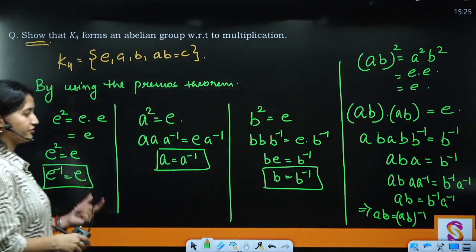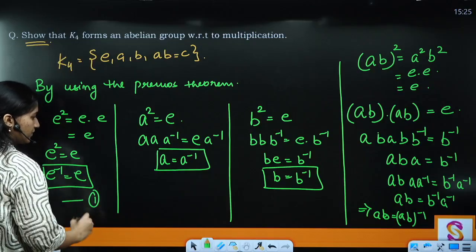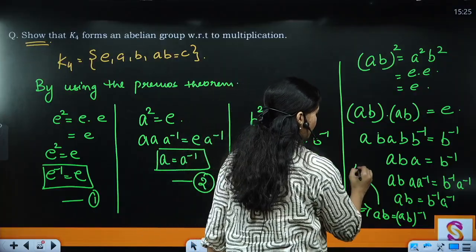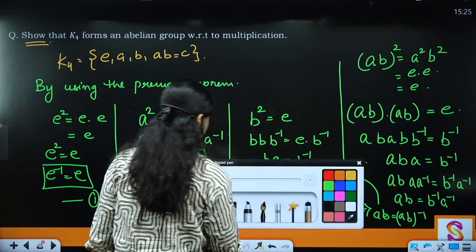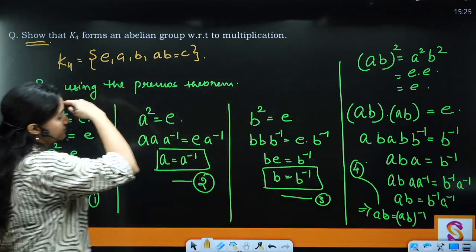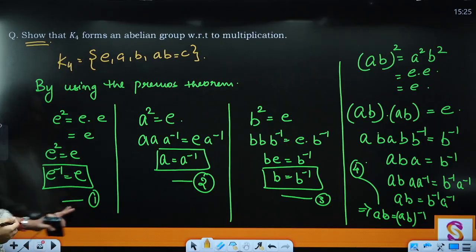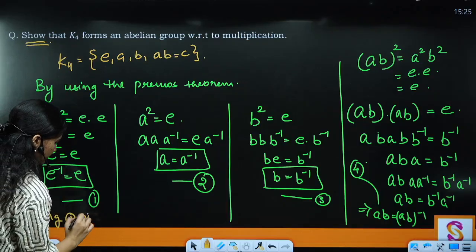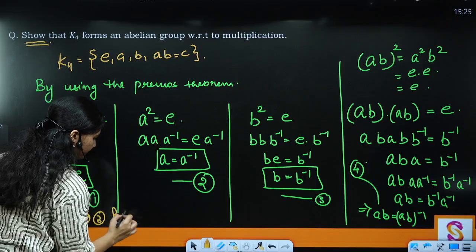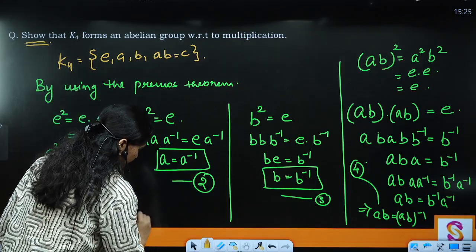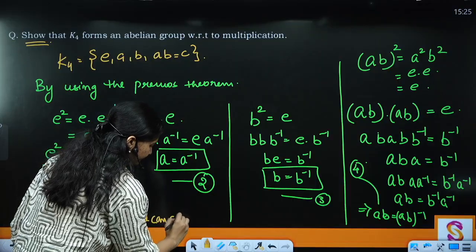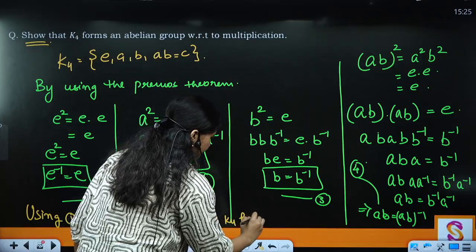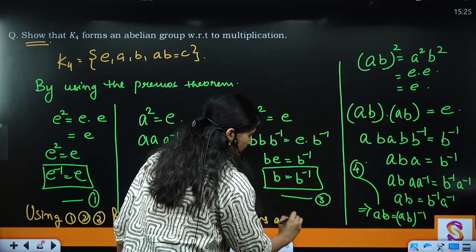So using equations 1, 2, 3 and 4, we can say that K4 forms an abelian group.